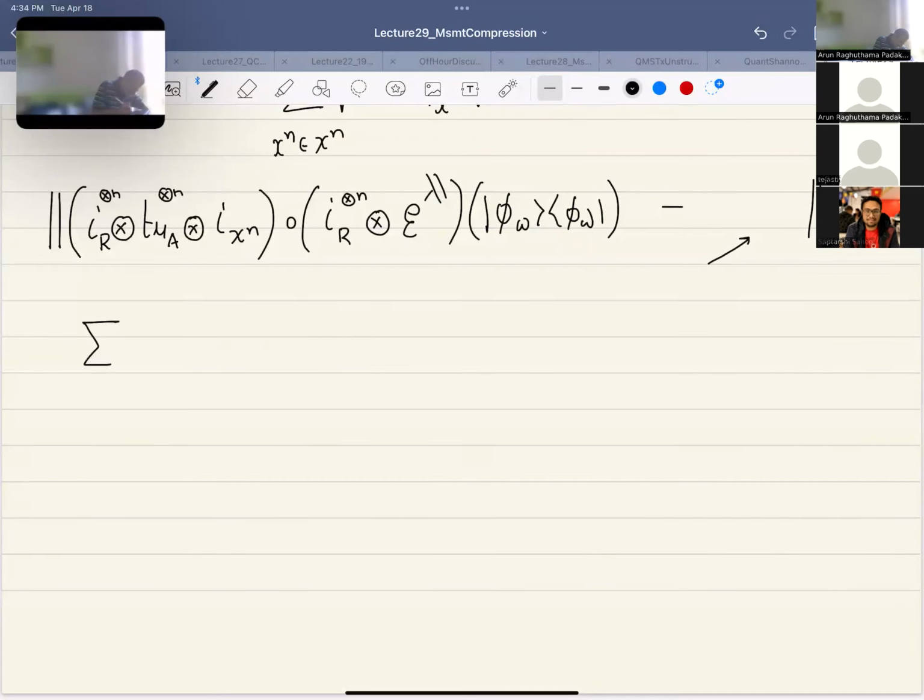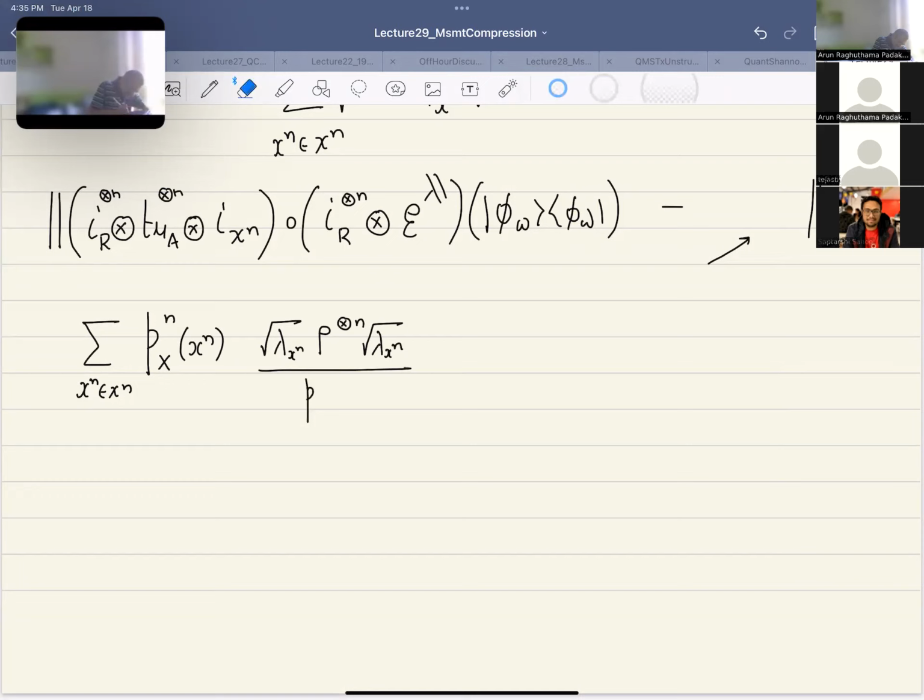So if you look at this, xn belonging to xn, I can think of it as the following: px of xn. So what is px of xn? So maybe I will not write it. I thought this was simple.